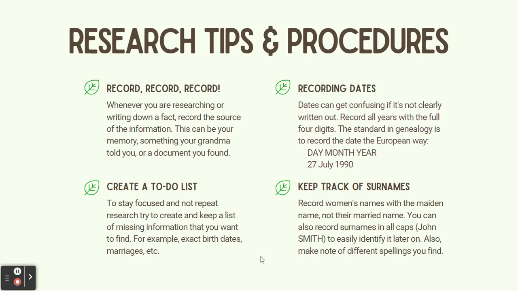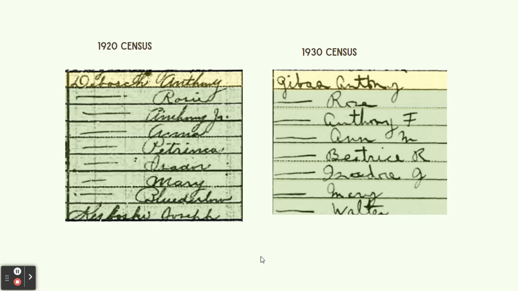You can also record surnames in all caps to easily identify them. That's used a lot in genealogy. And you also want to keep a list of different spellings you find. So, just as an example here, you'll notice that spellings will change.